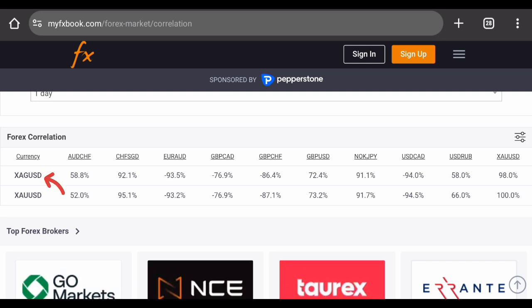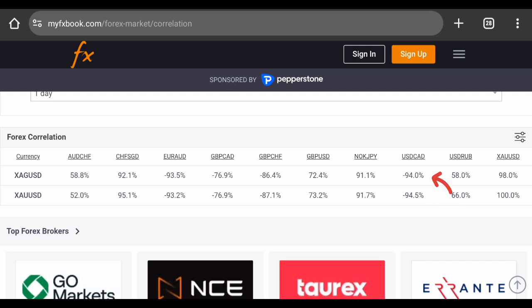All right, so we are going to look for a currency pair with the highest negative correlation. So we have seen USD/CAD. It has minus 94.5% correlation on gold and minus 94% on silver. This means that 94.5% of the time this currency usually ends the day in opposite direction with gold.